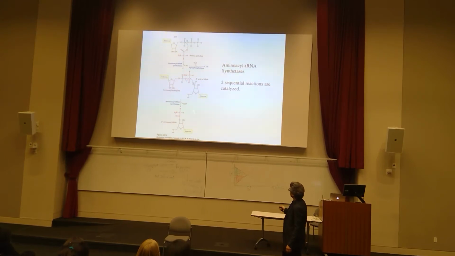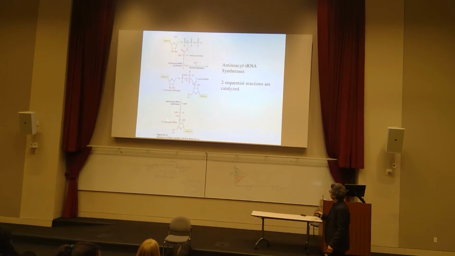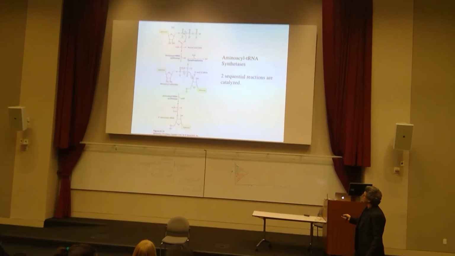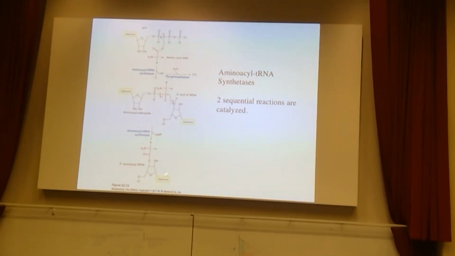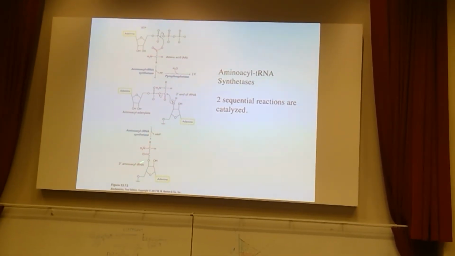Now that we have this activated species, we can conjugate it onto the 3' position of the terminal 3' adenine on a tRNA. Right? So each one of the different tRNAs gets its own particular amino acid at that 3' end on the CCA arm, and the amino-acyl tRNA synthetase needs to get that right.